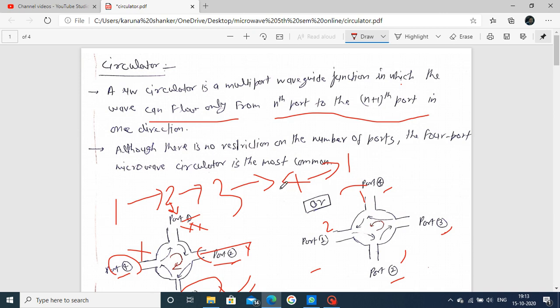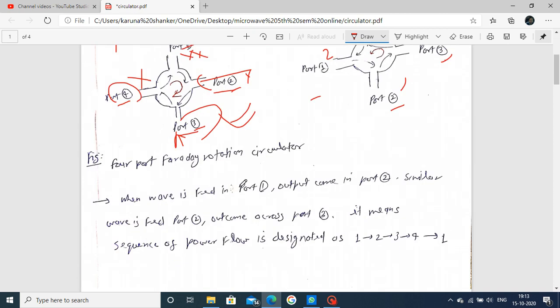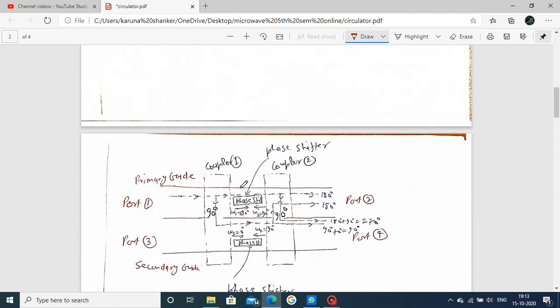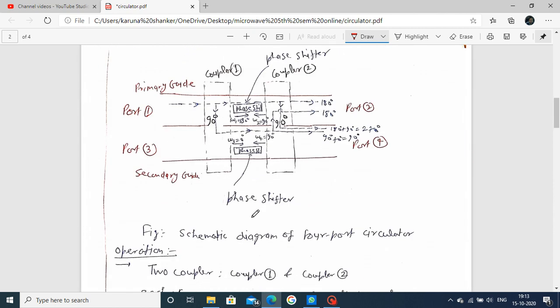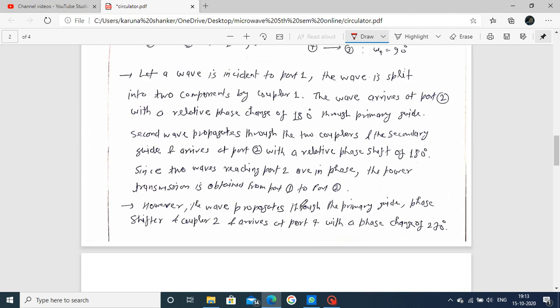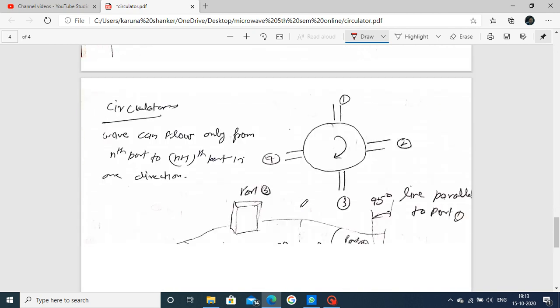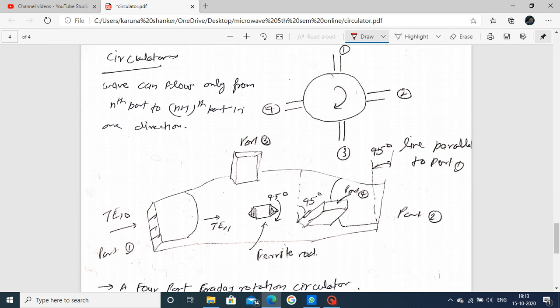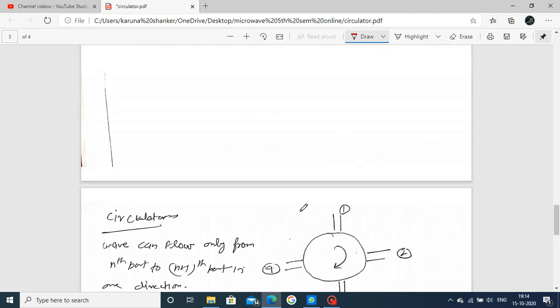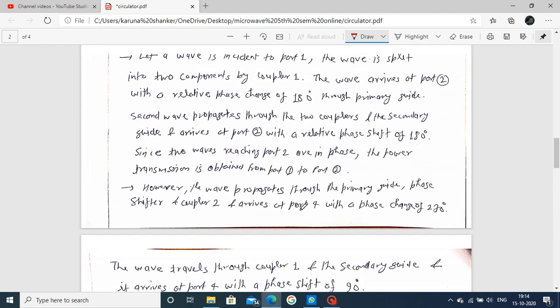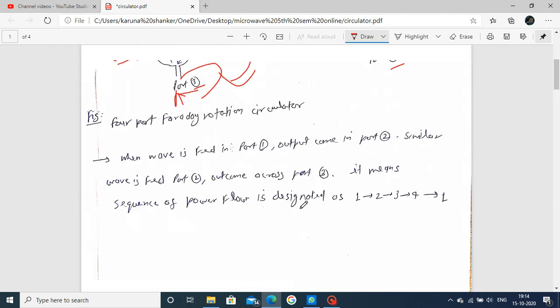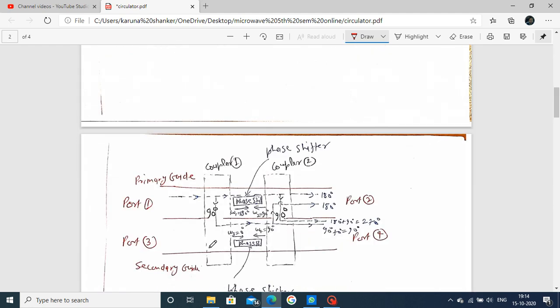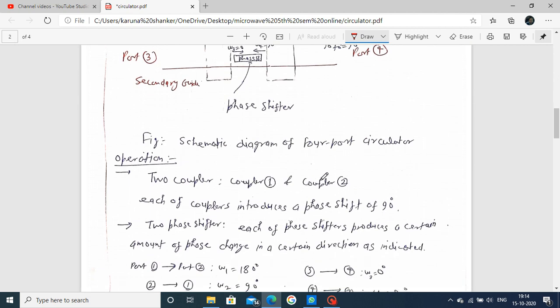To observe the internal structure, we explain it in this schematic diagram. We consider this diagram from Kulkarni, your book writer, the schematic diagram of a 4-port circulator.